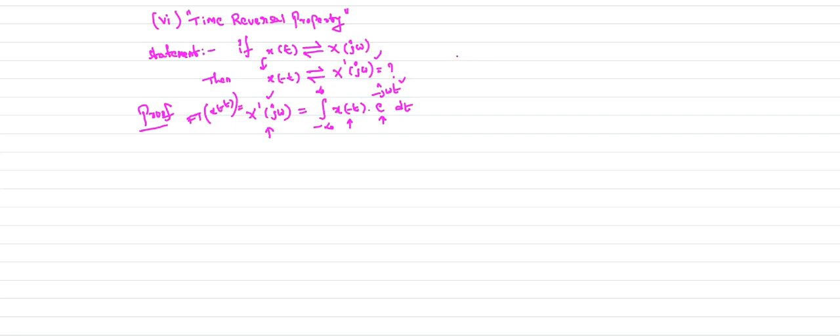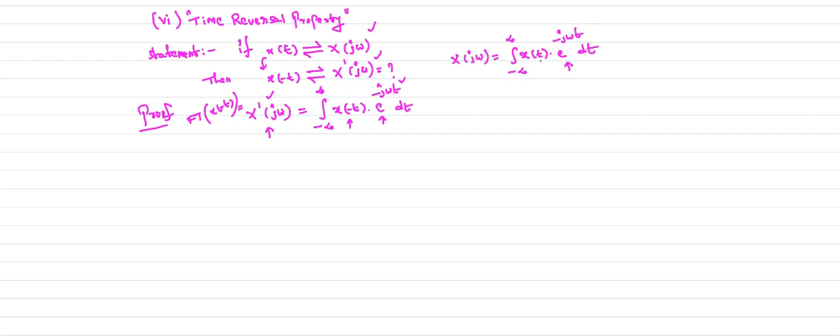Suppose the signal is x of t, then the Fourier transform is x of j omega. How can you define x of j omega? X of j omega is integral minus infinity to plus infinity, x of t e power minus j omega t dt. This factor is already in the formula, no need to change it.